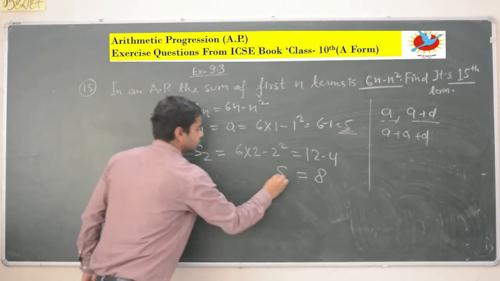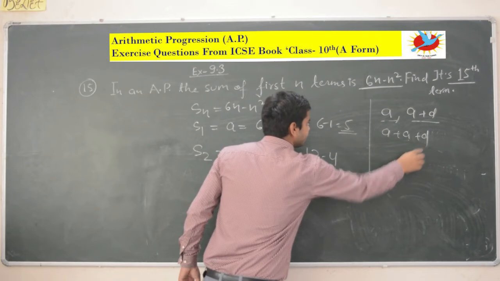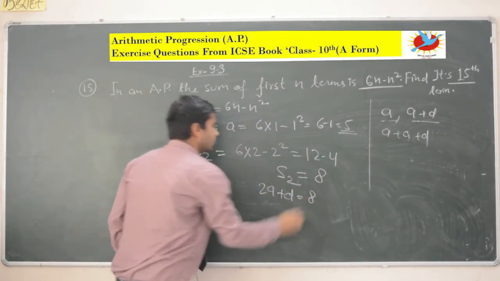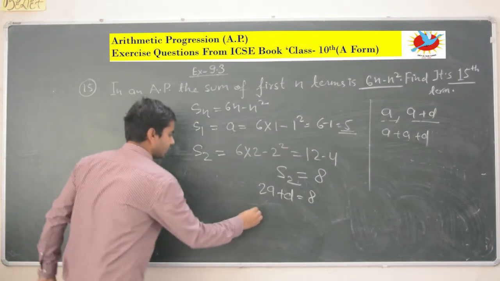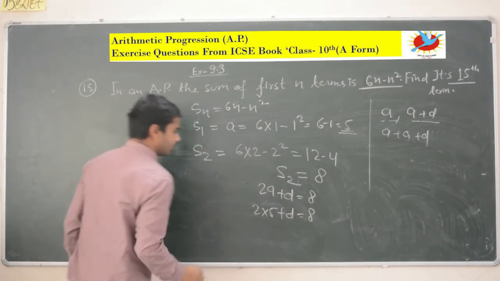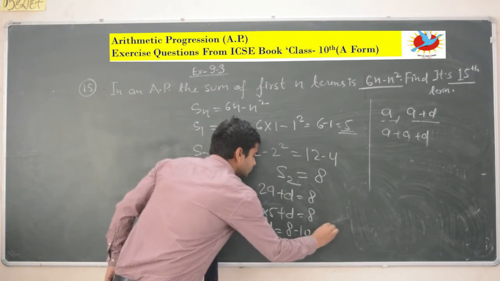So the value of S2 is 8, and 2a plus d equals 8. We have already calculated a as 5, so 2 into 5 plus d equals 8. So the value of d is 8 minus 10, that is minus 2.